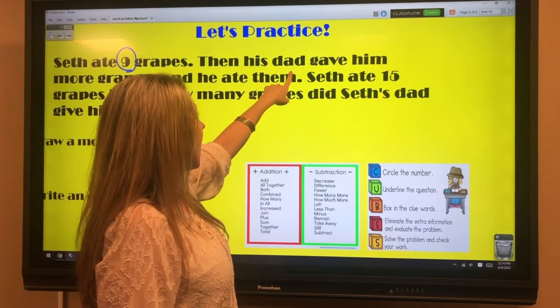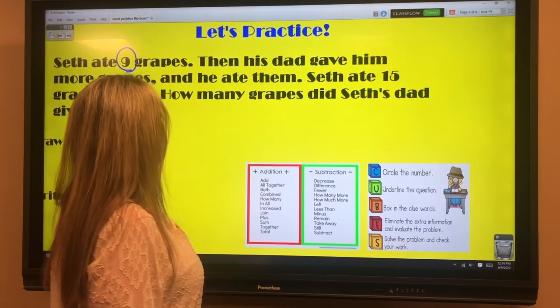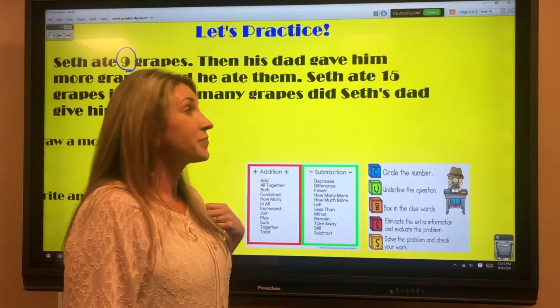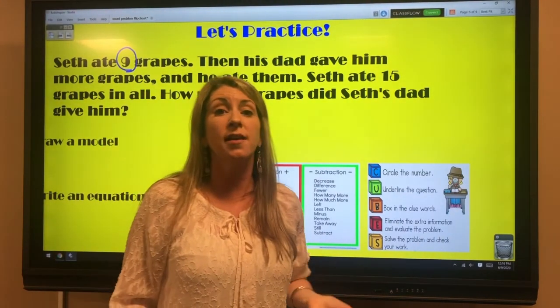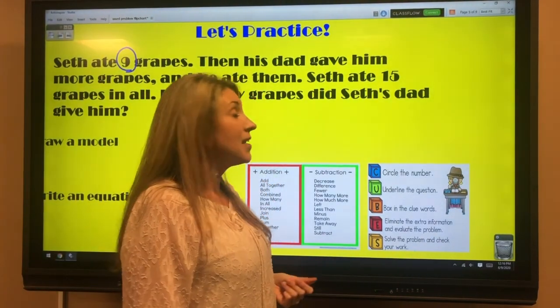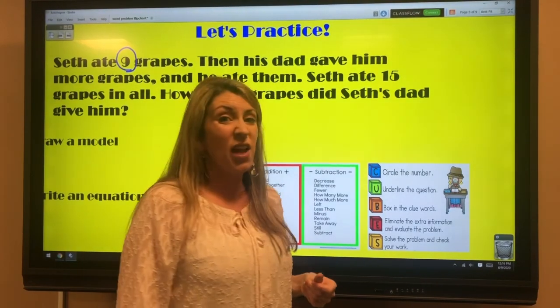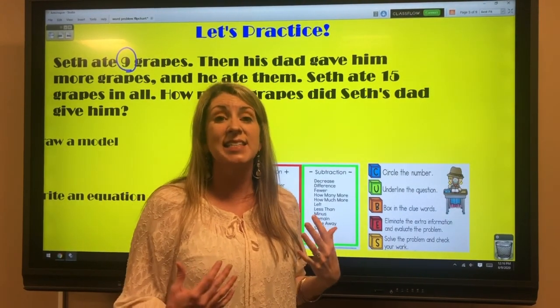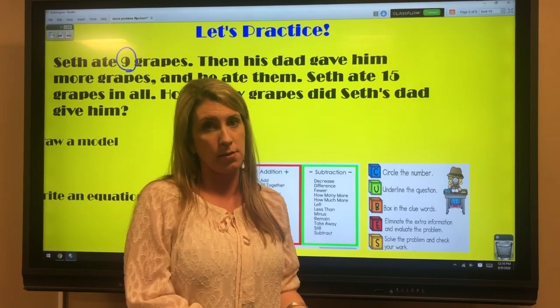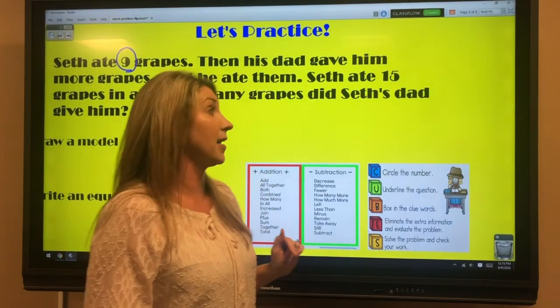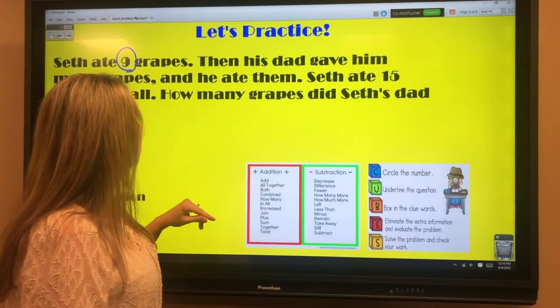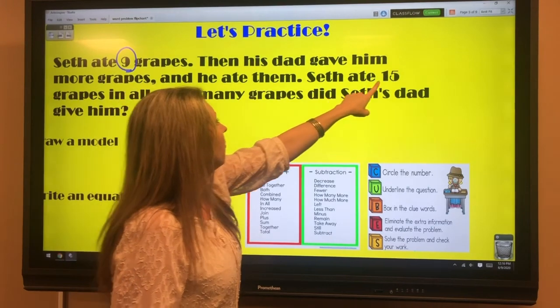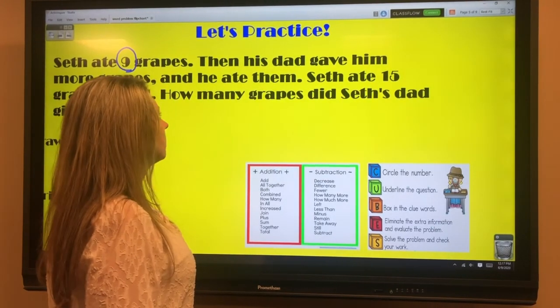Then his dad gave him more grapes, and he ate them. I don't see any important numbers in this, but this sentence is very important because it says that his dad gave him more grapes. So we're going to come back to this later. Let's continue. Seth ate 15 grapes in all.